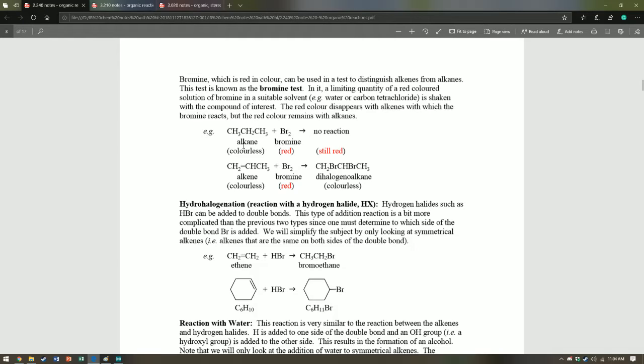With an alkane, it won't react since there's nothing to react with. Whereas if it was an alkene, it would undergo addition, and the product is colorless. So in the lab, you would see that red color slowly fade away and disappear. If that is the case, then you had an alkene to start with, but if that was not the case, then you know it was an alkane.